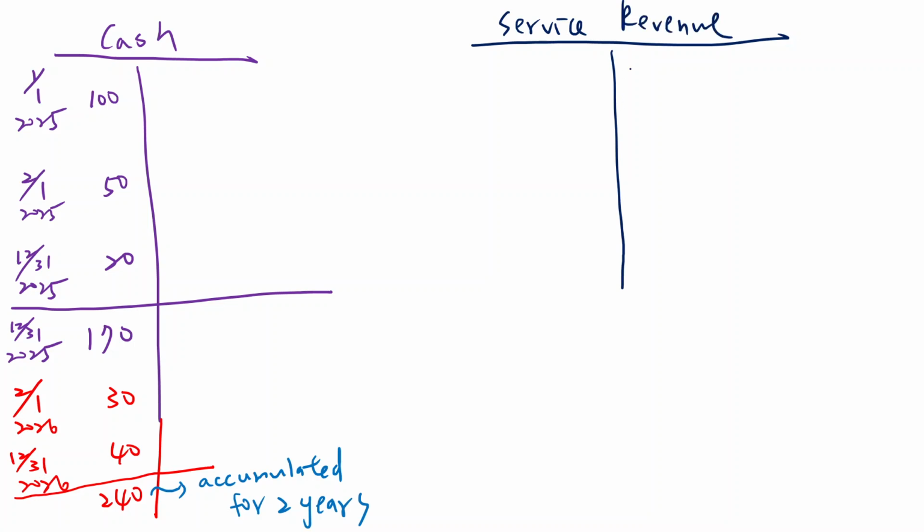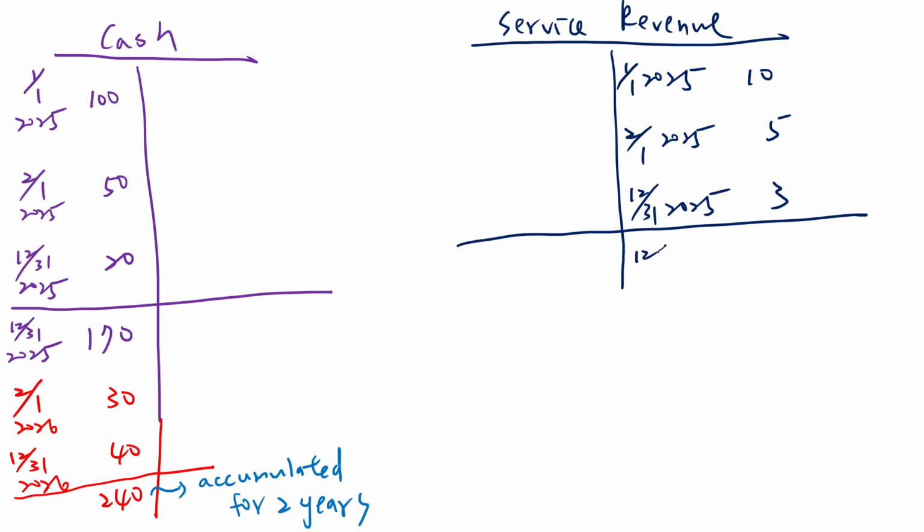If I told you on the first day, I earned revenues of $10. February 1st, 2025, I earned revenues of $5. On the last day of 2025, I earned revenues of $3.